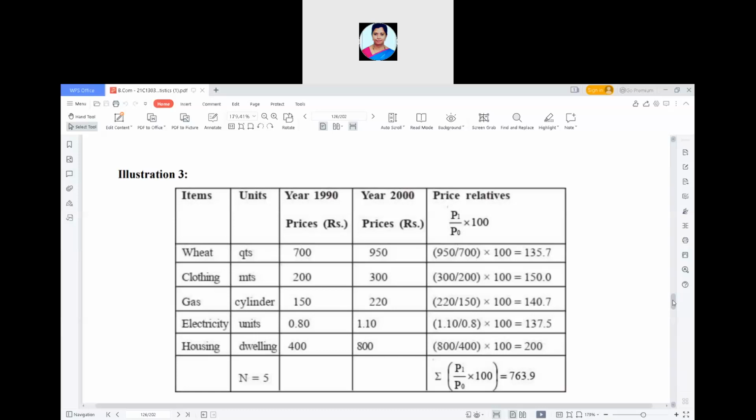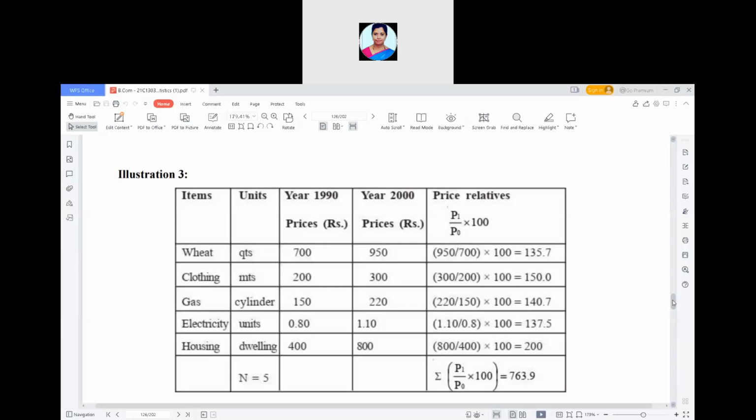In gas we have 150 and 220. So 220 by 150 into 100, and the percentage we have is 140.7. So 40.7 percentage increase.